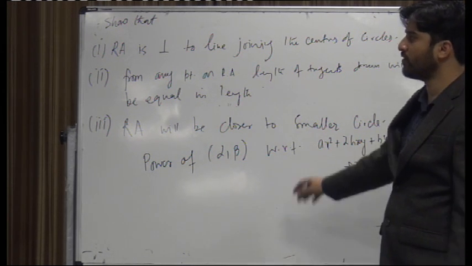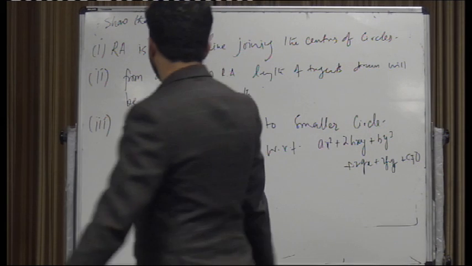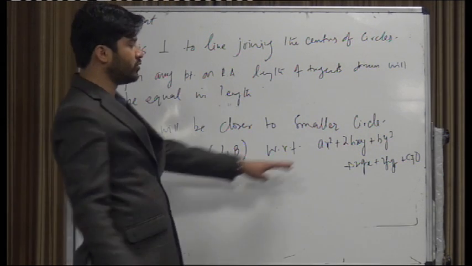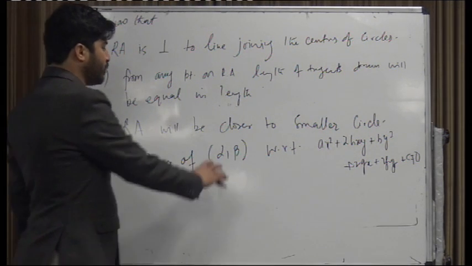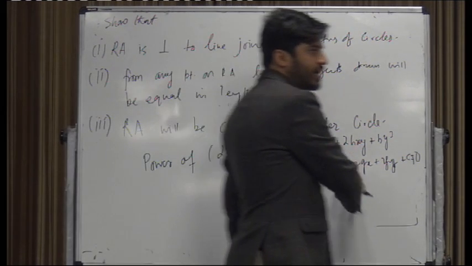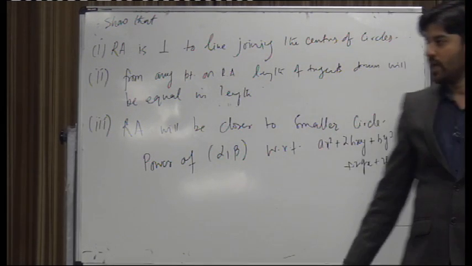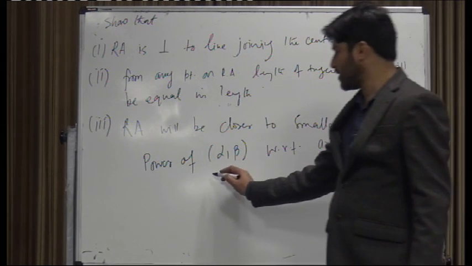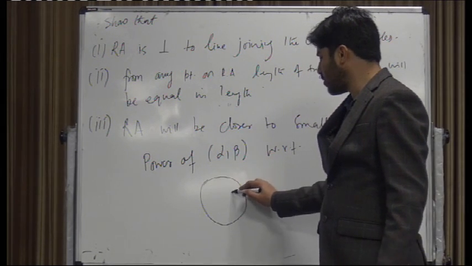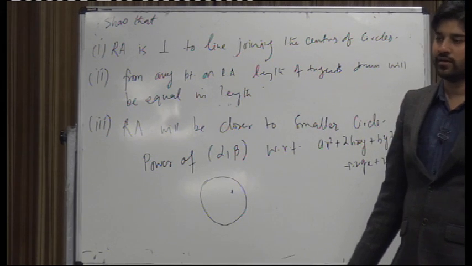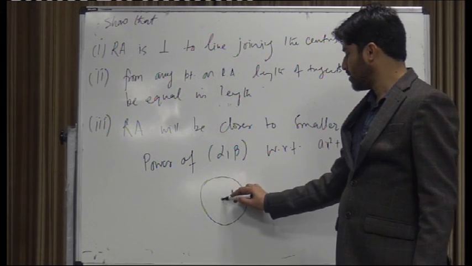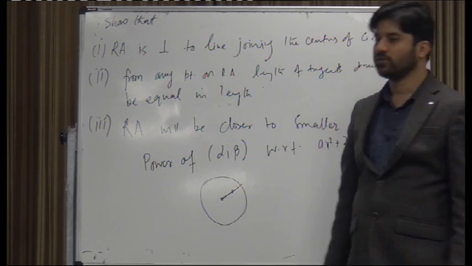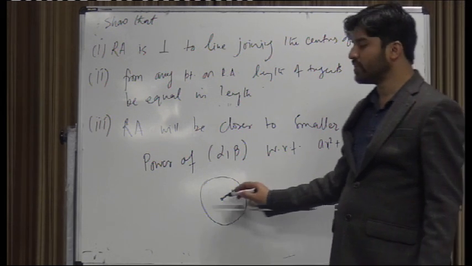You simply have to put this point inside the equation of this curve, and whatever the value you get, that becomes your power. Let's say this is your circle, and if your alpha comma beta is lying inside, it means it is shorter than the radius. So basically it would eventually turn out to be negative.